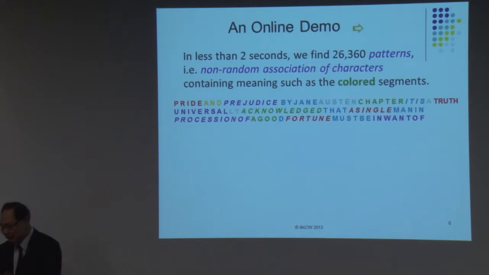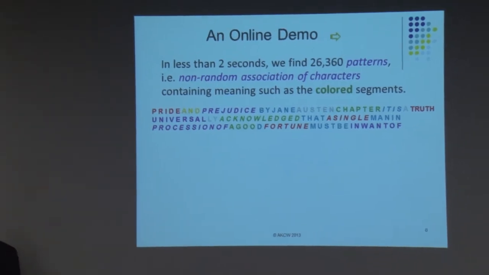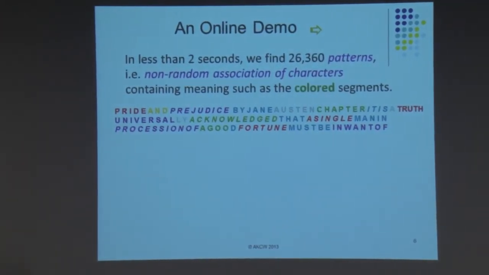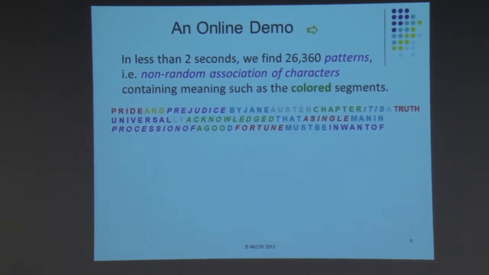And what are they? In this case, things like pride, fortune, and knowledge. If I ask you, do they contain meaning? Unless you do not know English, you know that they contain meaning. Why can we find them? Because there is English, there is phonetics, there is a language structure behind language.